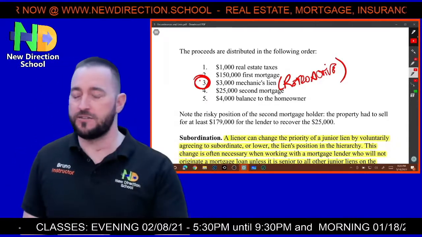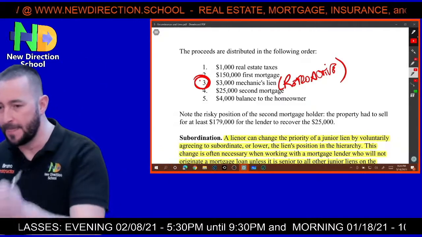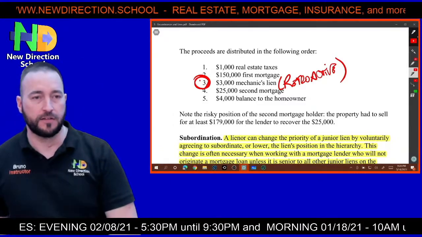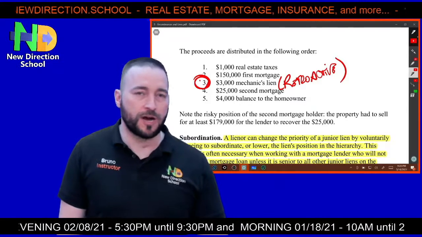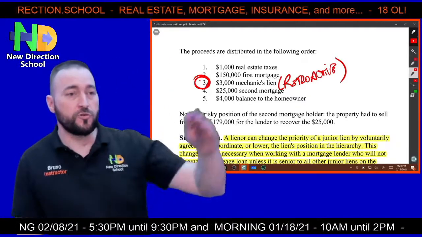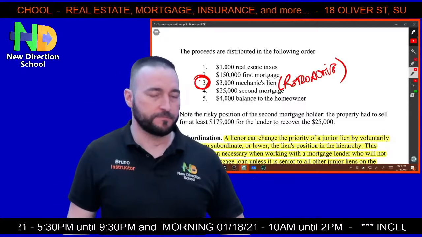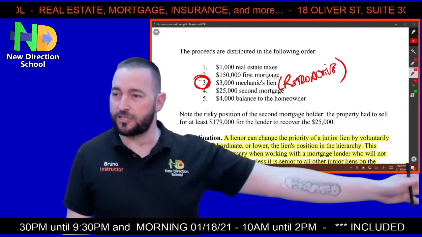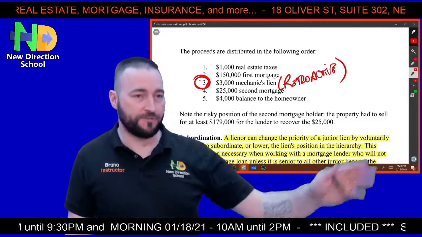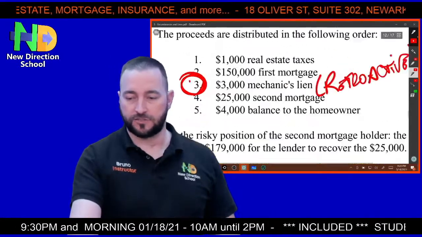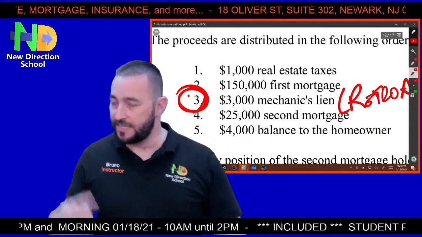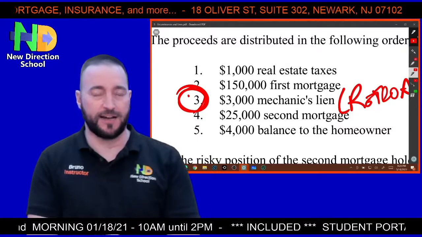So what I was asking you guys is, I bought a property, got Bank of America, right? A month later, I decided to do work on the property, but I don't pay. Two months later, because I did work, property went up in value, I got a second mortgage. And then 3 years later, I get a judgment. Who gets paid first? The answer is taxes. Then it's the first mortgage because it's the first thing I got.